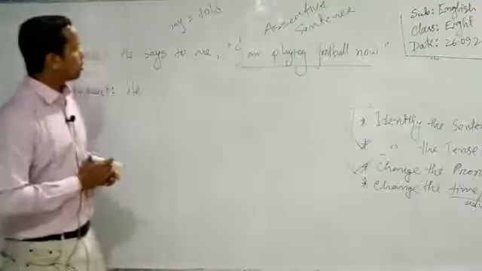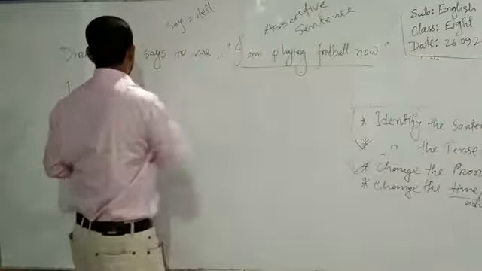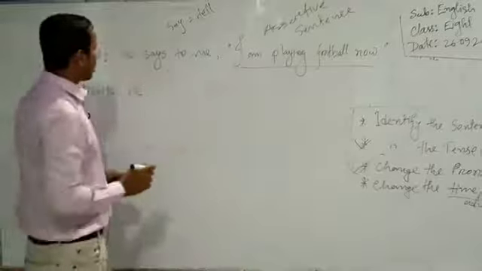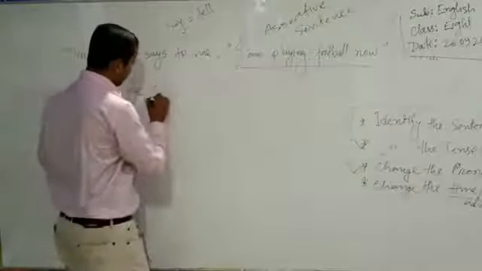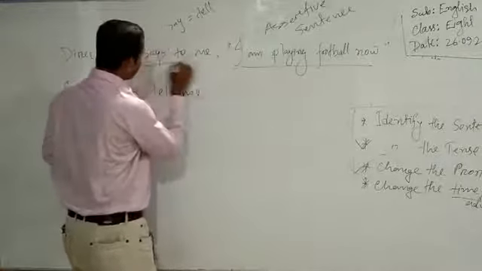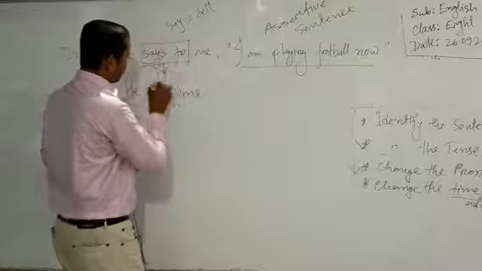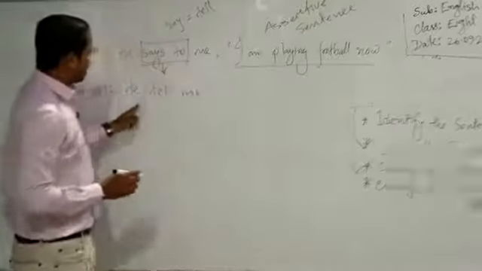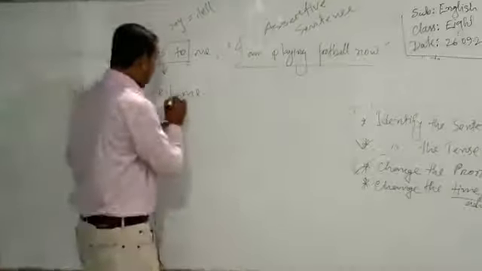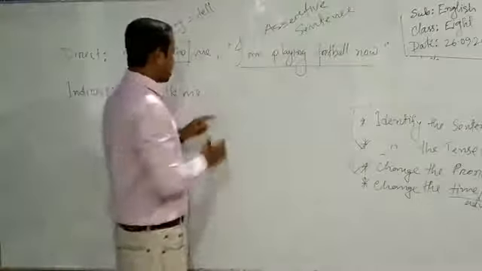That is why you will always use tell, that means in first form told. So he says to me means he tells me. Instead of said to, you have to use tell. He tells me, instead of comma we will use that.